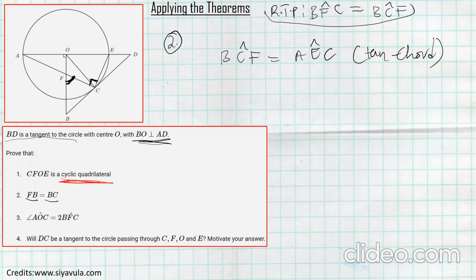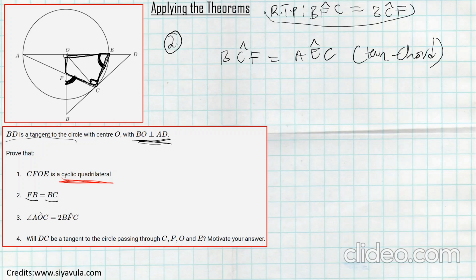We've just proven that this is a cyclic quad. Can you see? If this is a cyclic quad, this is an exterior angle. We know that an exterior angle is equal to the opposite interior angle.